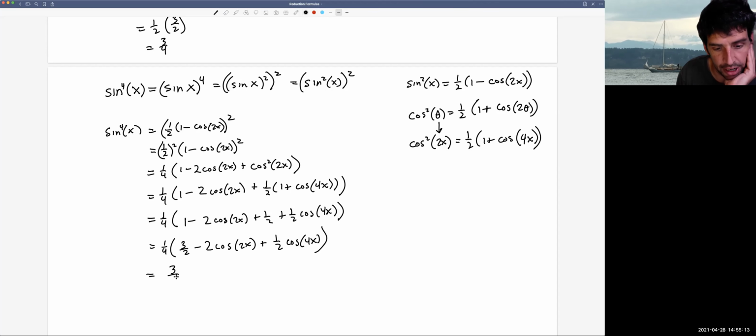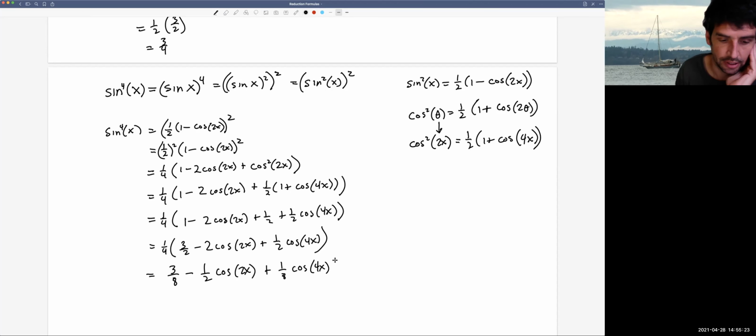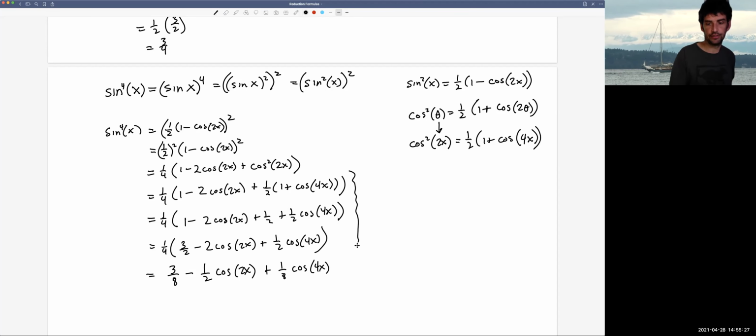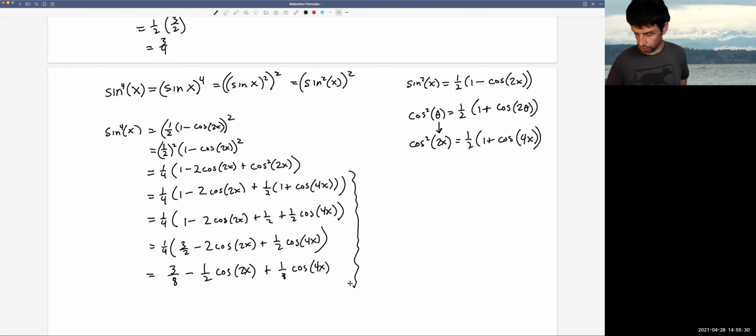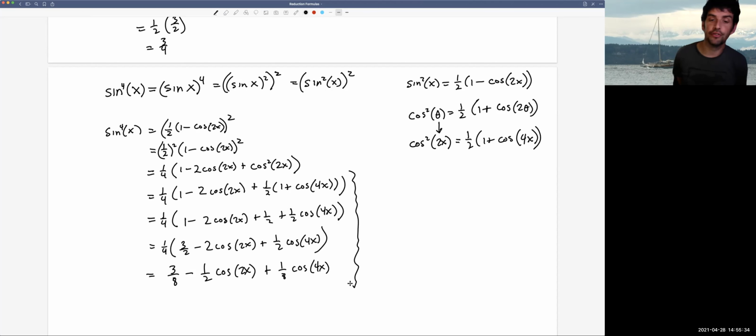And I end up with 3/8 minus 1/2 cosine of 2x plus 1/8 cosine of 4x. So really any of these versions down here are appropriate. They've satisfied the condition that we have no powers of trig functions greater than 1.